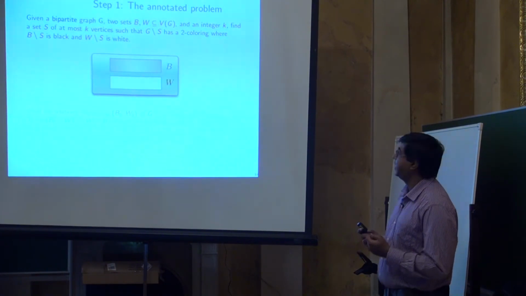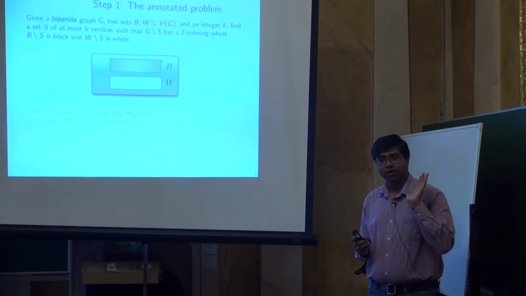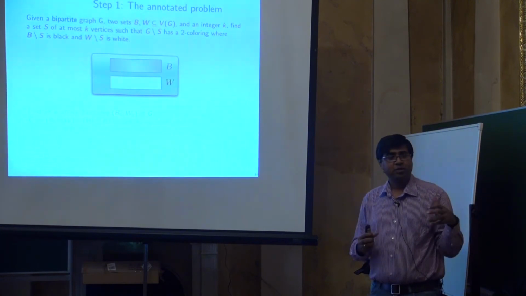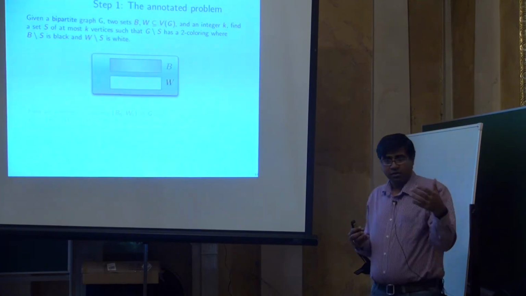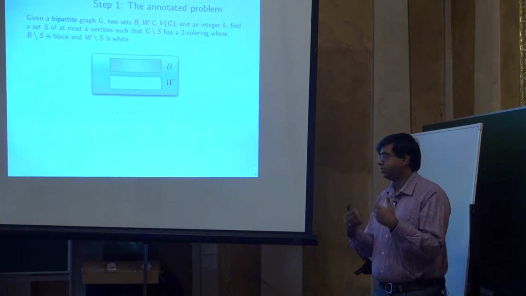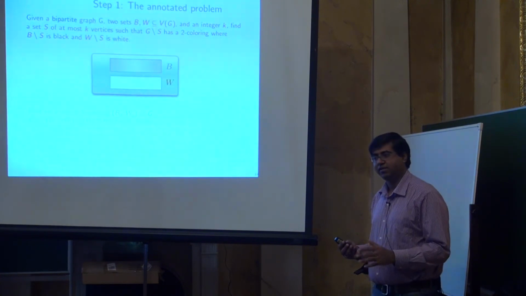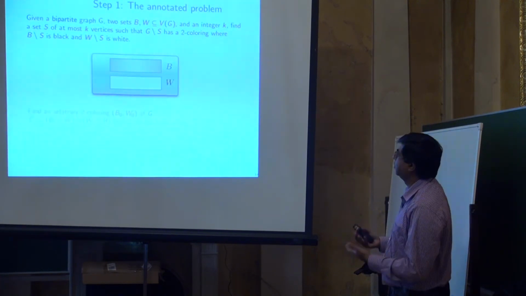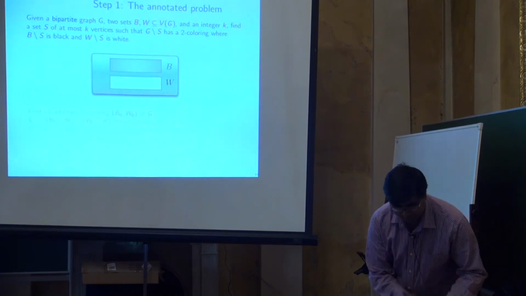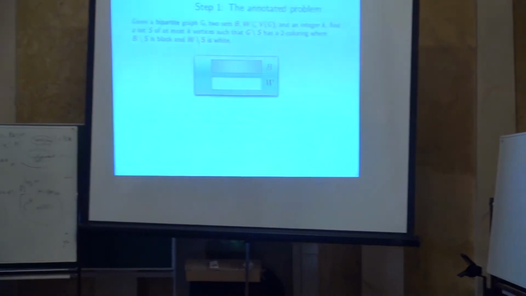What you want to do is find a set S of at most k vertices, so that if you delete them from the graph, the remaining vertices can be colored with black and white so that the remaining black vertices go into the black side, and the remaining white vertices go into the white side. Let's ask ourselves a question.